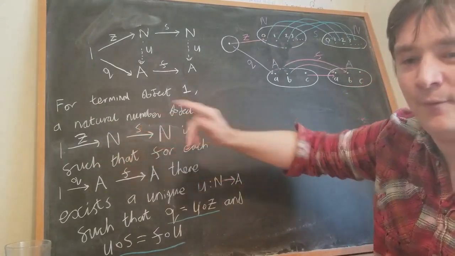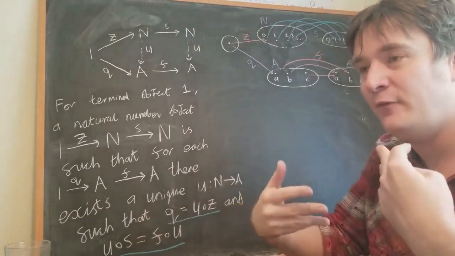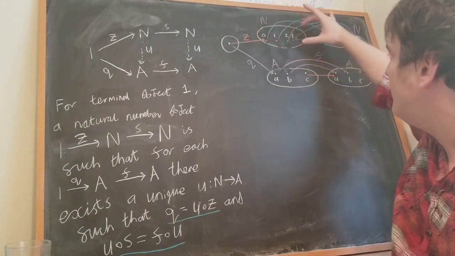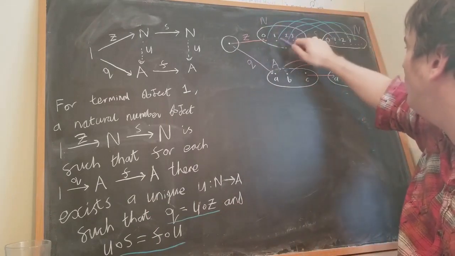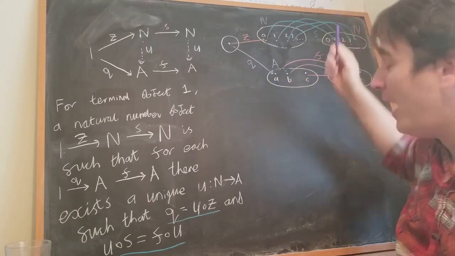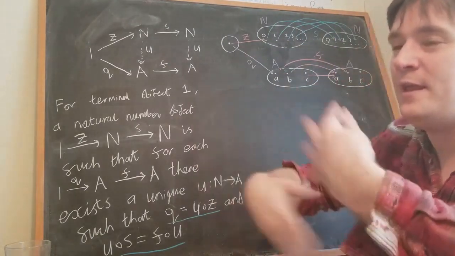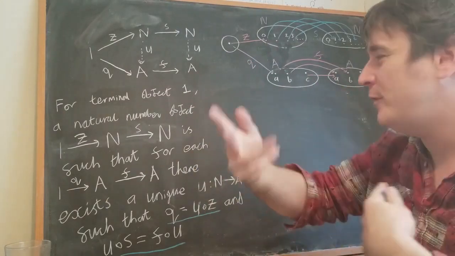What about S? Well, S is the successor operation. It sends every natural number to that natural number plus 1. It sends 0 to 1, 1 to 2, 2 to 3, and so on. This is the basic idea of winding on the numbers.